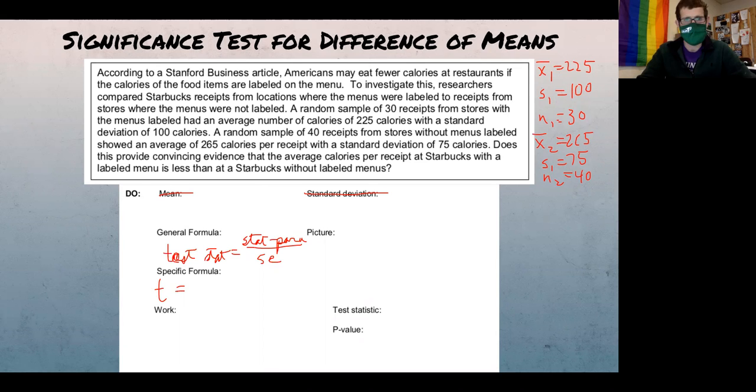All right, what's my stat? That's the number that we're plugging in. It's X bar sub 1 minus X bar sub 2.